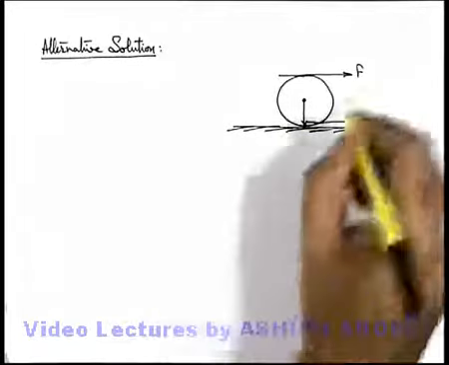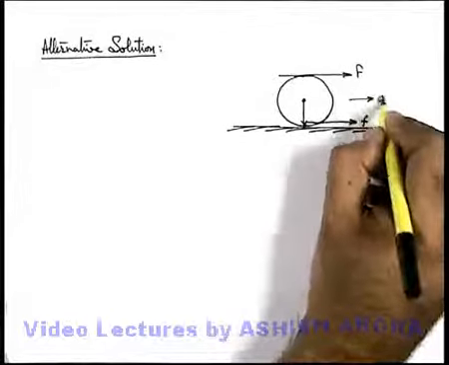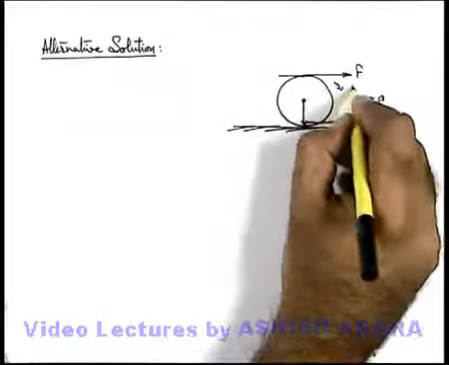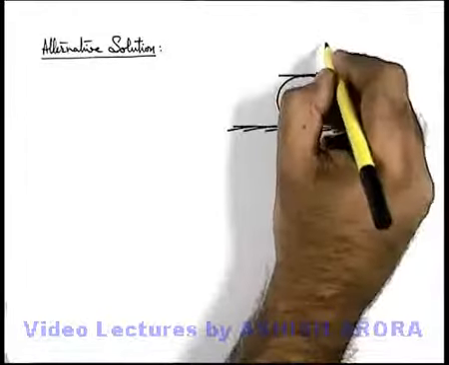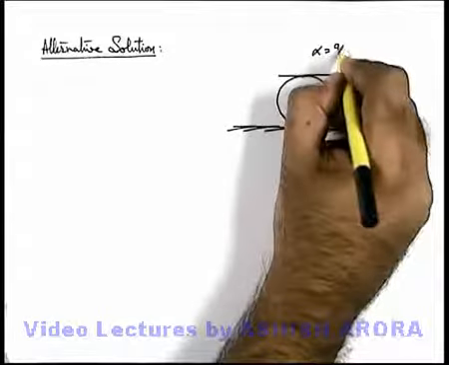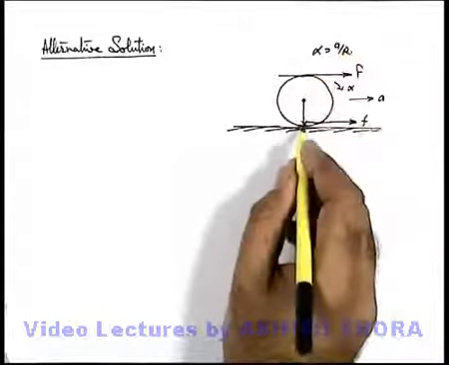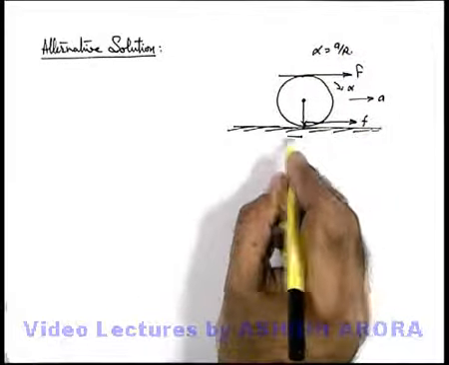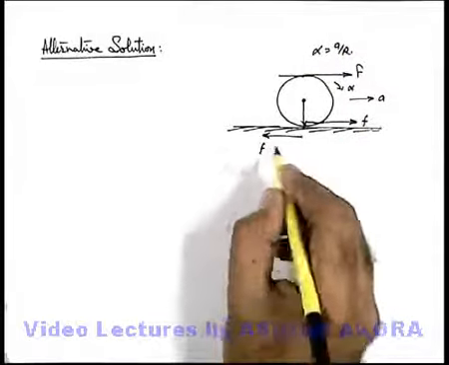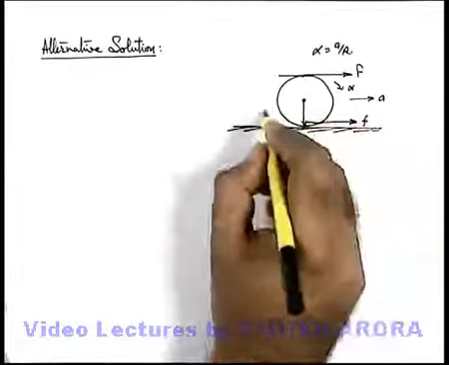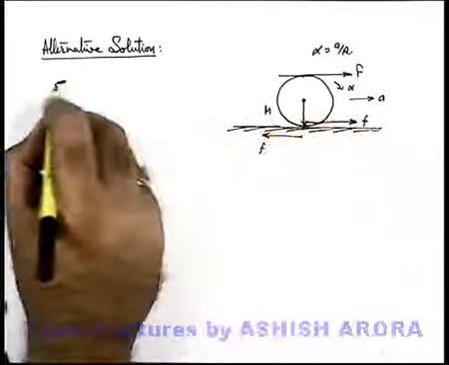In this situation, say the body is accelerating with an acceleration a and having angular acceleration alpha, so for pure rolling alpha can be written as a by r, and obviously the ground will experience friction in backward direction. For the body of mass m, we can write equations of motion.